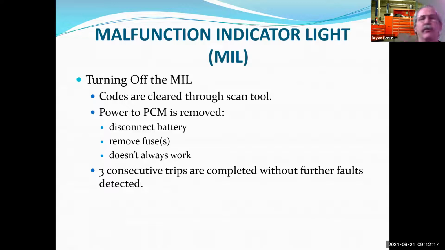I can have other faults and set other codes pending, but as long as the code that turned on the light passes for 3 trips, it'll command the light off. Now, there may be another code that's failed that now commands it on, and that can change which code's actually turning the mill on.